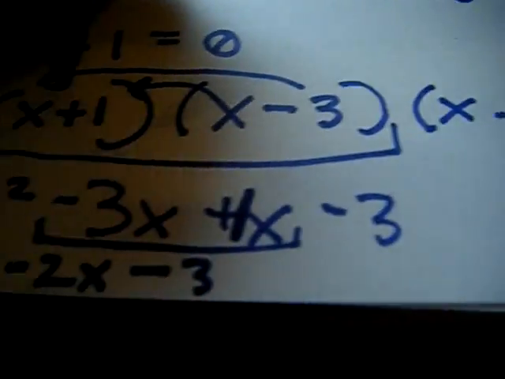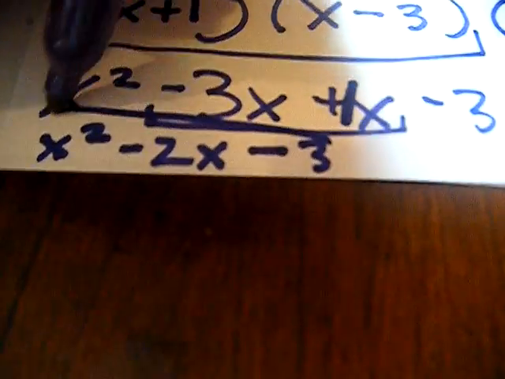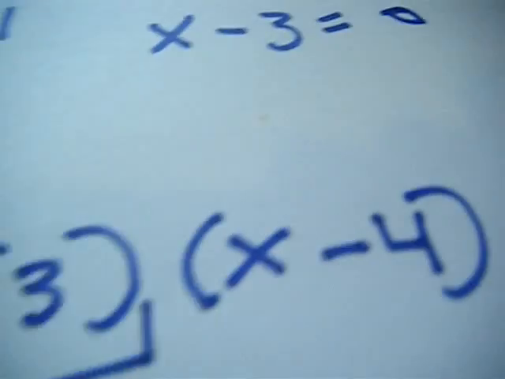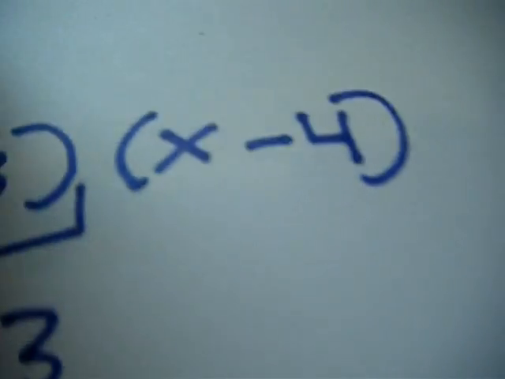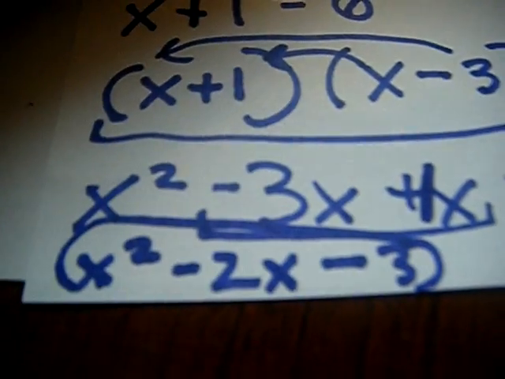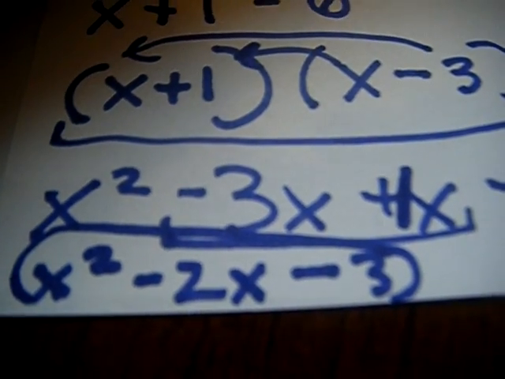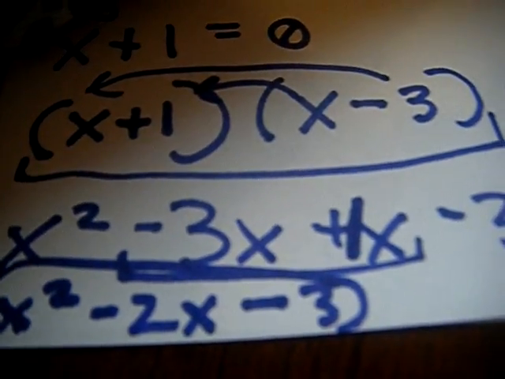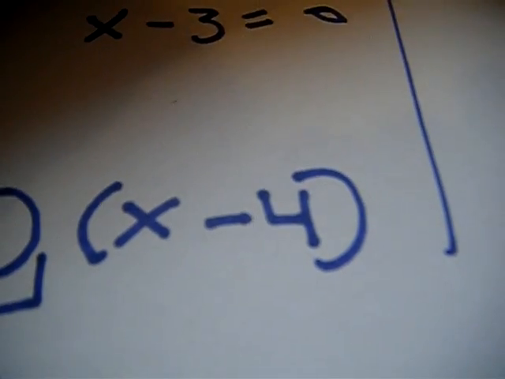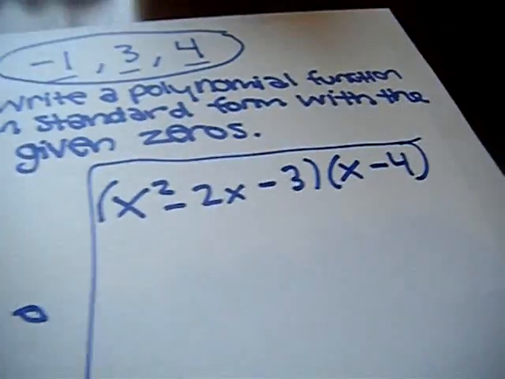So then we have to multiply this term, which is x squared minus 2x minus 3, by x minus 4. If we rewrite it up here, we have x squared minus 2x minus 3 multiplied by x minus 4.